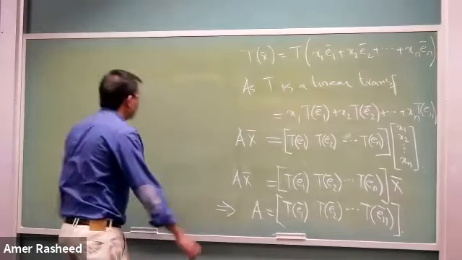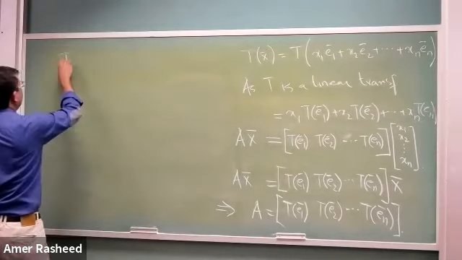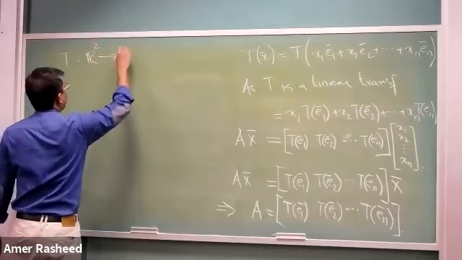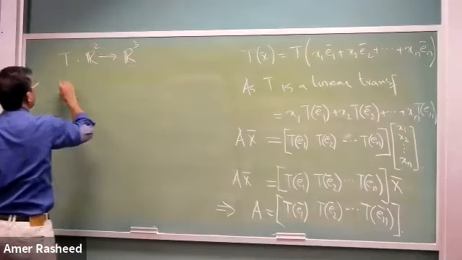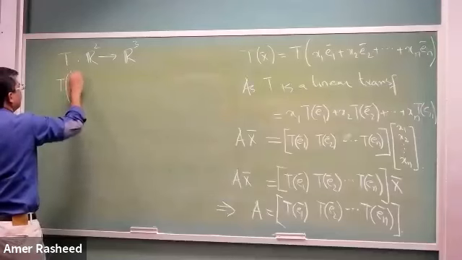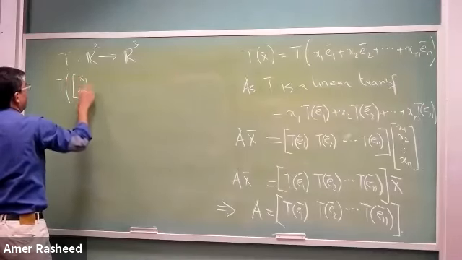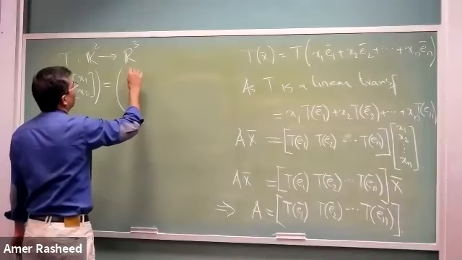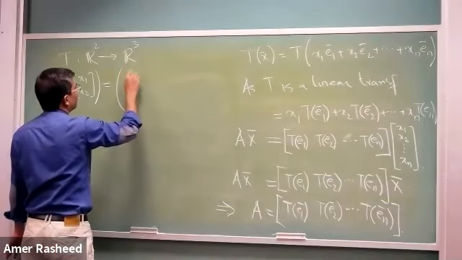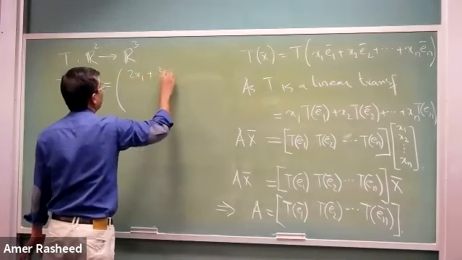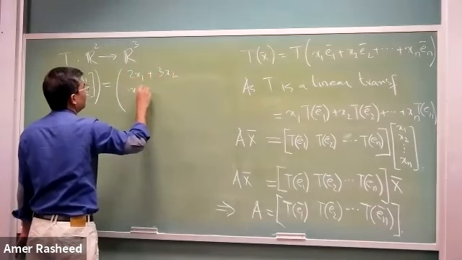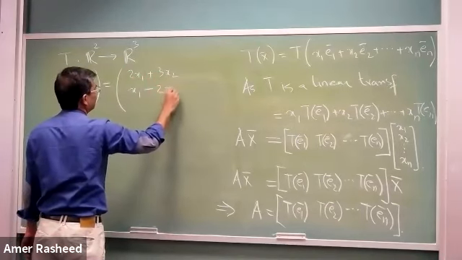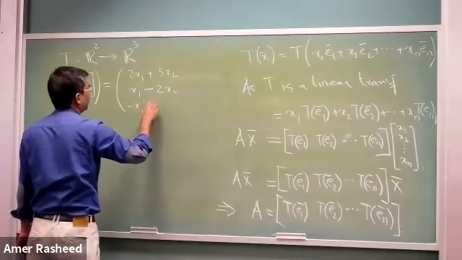In the previous lecture, we started with the transformation T from R2 to R3. And the definition of this transformation was, if I remember, please correct me if I write something wrong, 2x1 plus 3x2, x1 minus 2x2, and minus x1 plus x2.